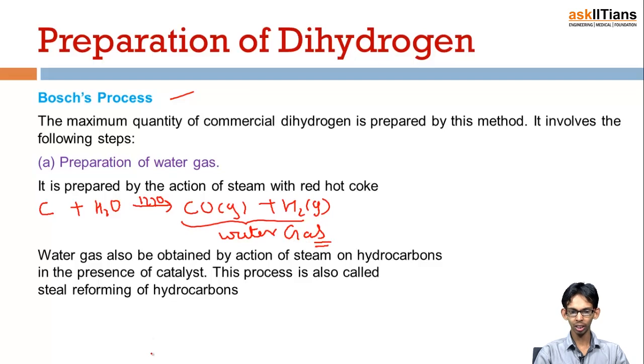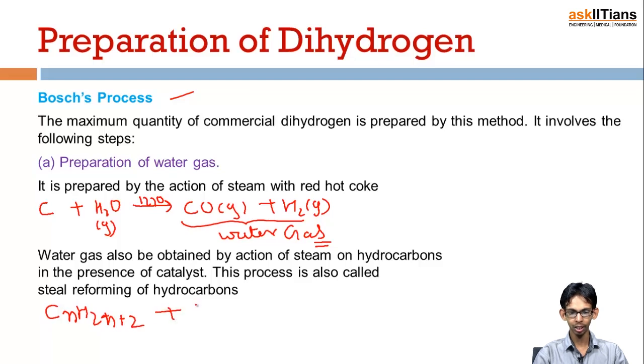This is called water gas, and it can also be prepared by the action of water or steam over any compound containing carbon or a hydrocarbon. Let's say CnH2n+2 is the formula of a hydrocarbon.